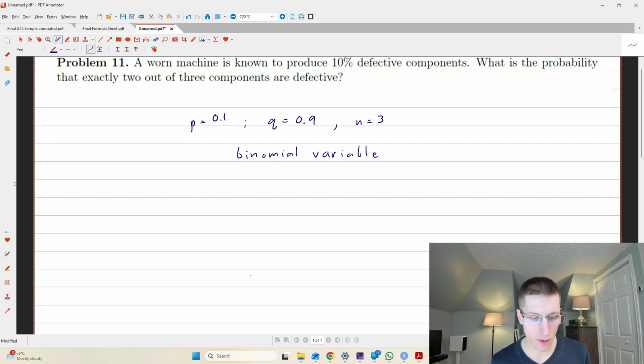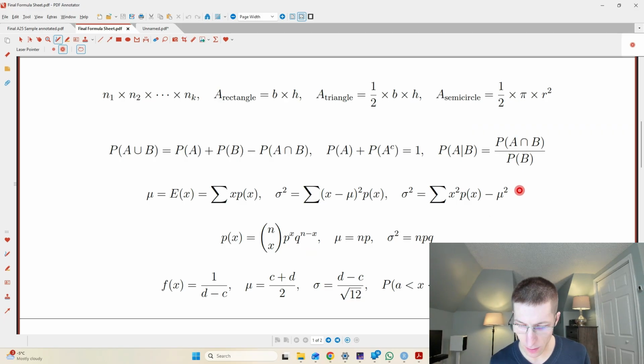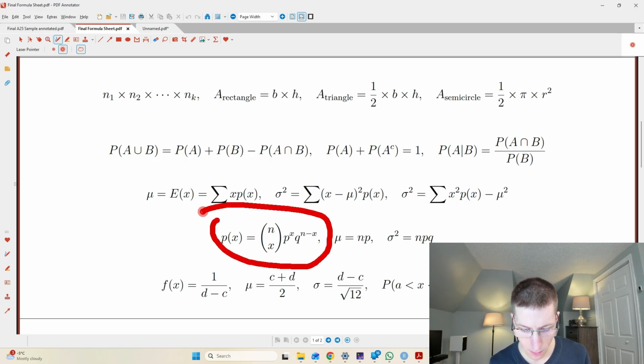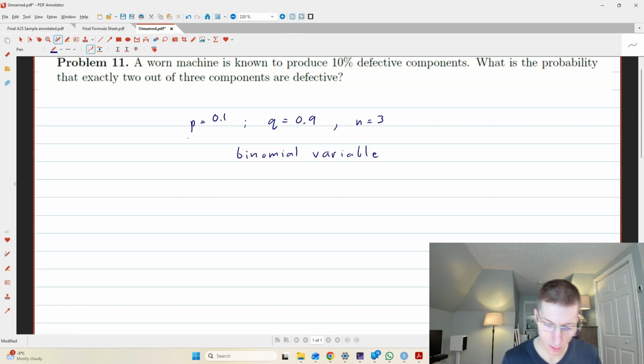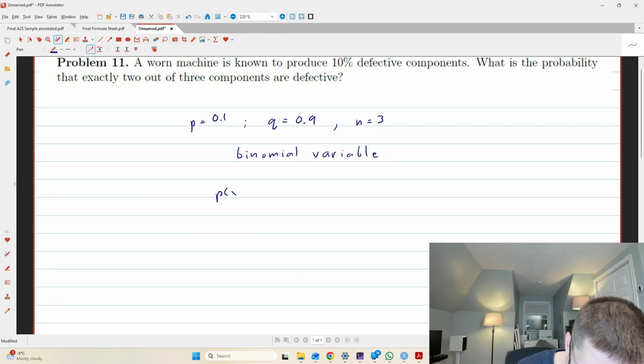And we have a formula for binomial probabilities. So that is right here. So we'll apply that. P of x equals n choose x, p to the x, q to the n minus x.